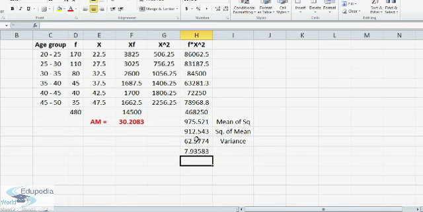So my standard deviation is this, and then the coefficient of variation is simply this value multiplied by 100 and divided by the actual mean. So here this is the coefficient of variation.